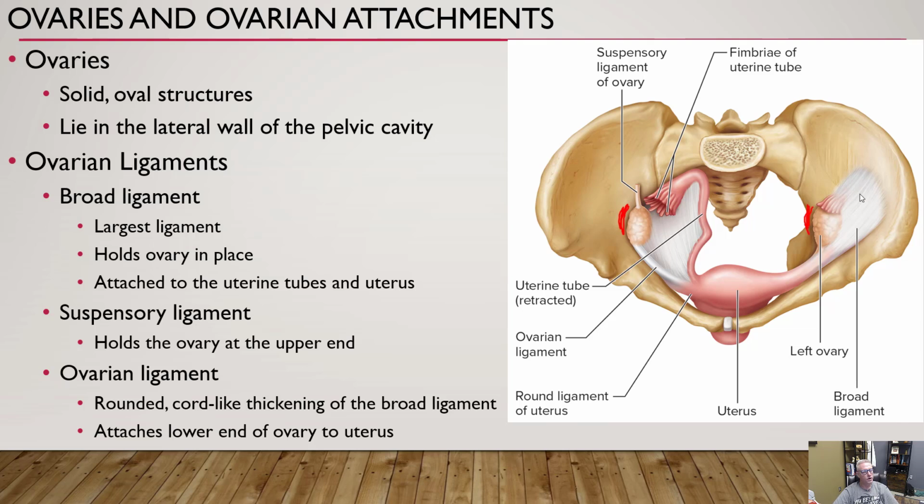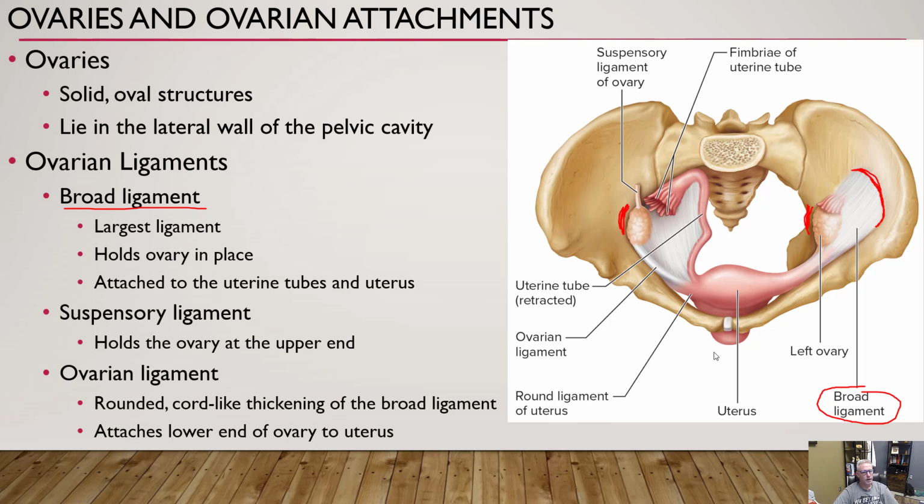But they are also almost like a spider web, in that they have a lot of ligaments that are going to support them and keep them in place. There are really three big ligaments involved with the ovary. The first one is the broad ligament. It's going to be the largest ligament. There's your broad ligament there, and it's attached to the uterine tubes and the uterus.